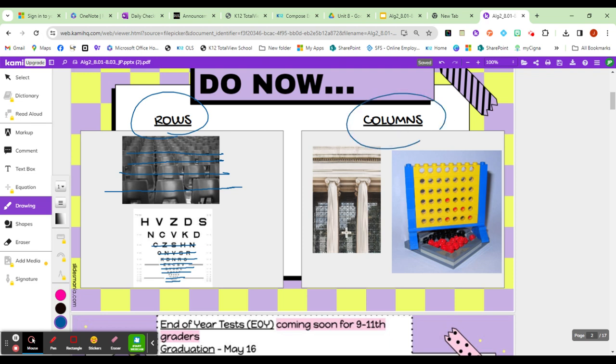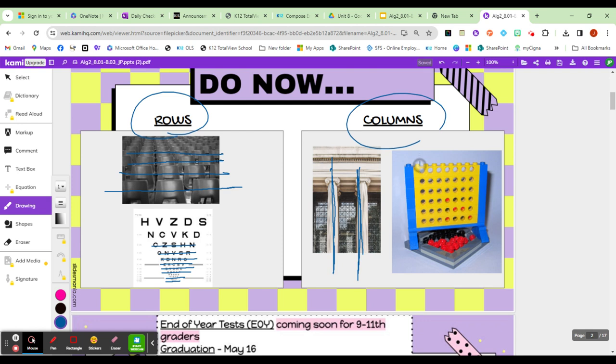Columns, we can think about just the word column, like the columns on a house or a really big building or maybe a church. Columns are going to go up and down. I picked the Connect 4 game because it can actually have rows and columns.